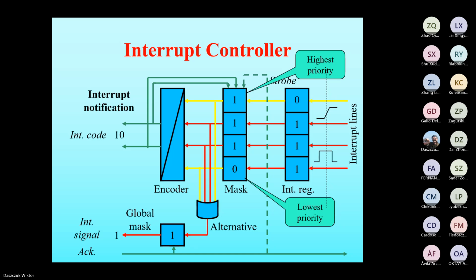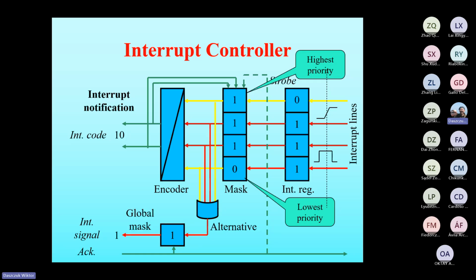Additionally, there is an OR gate that sends the interrupt signal to the processor. If any of those lines is in active state, the AND gate transfers it to the collective mask, the global mask. This is a very useful register because it allows to disable or enable all interrupts in a single step.